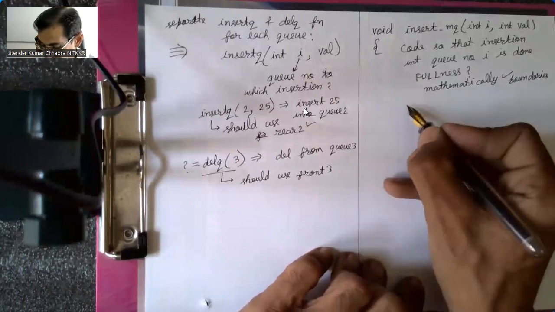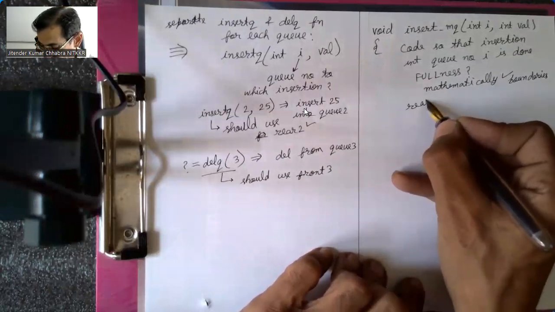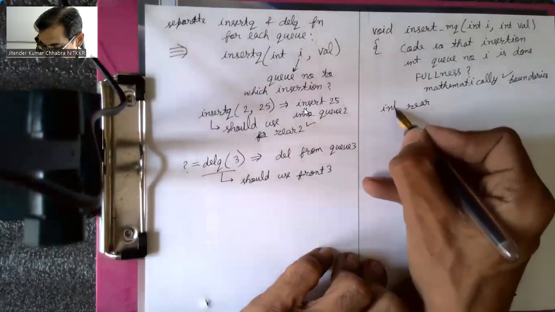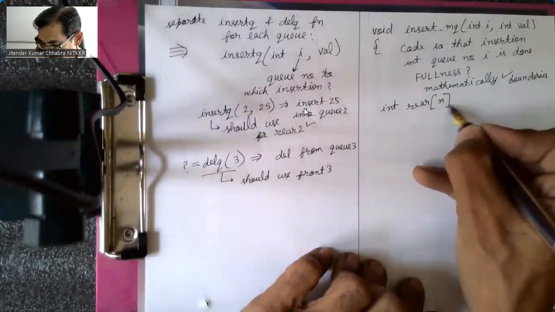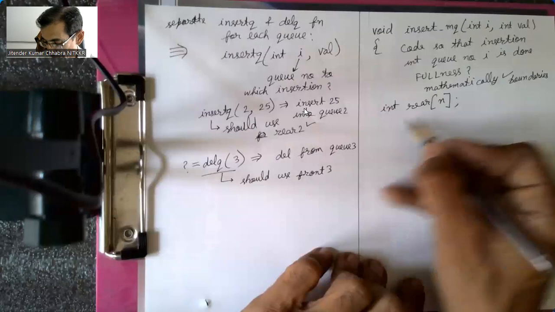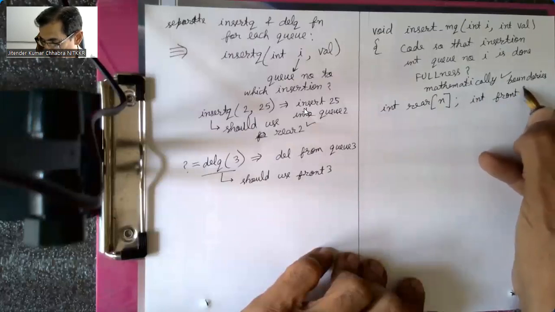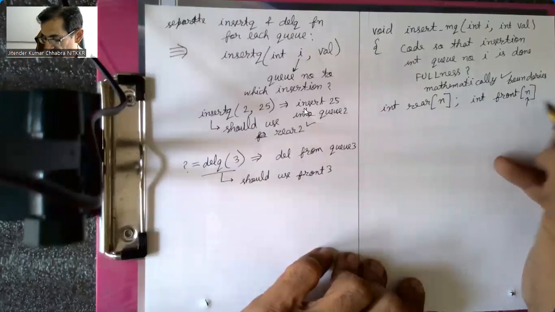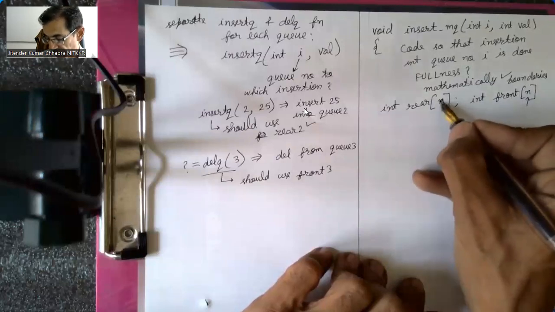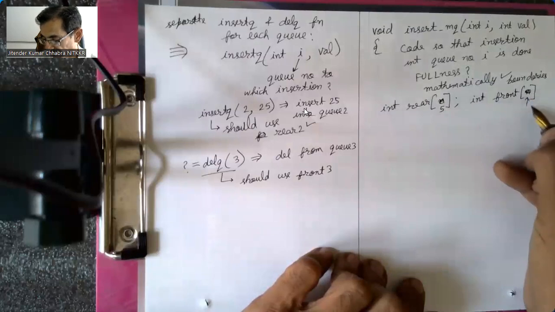And you can have rear also as an array of n rear variables. Similarly, you can have a front also as an array of n different variables. So if n is 5, you could say I need 5.